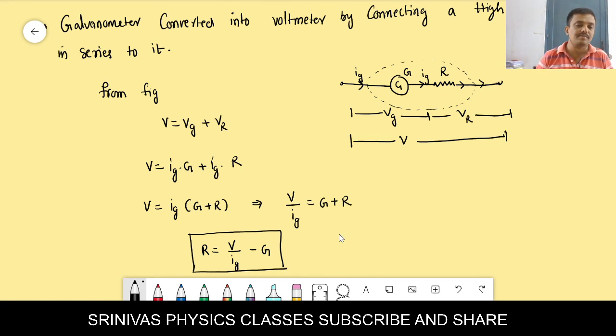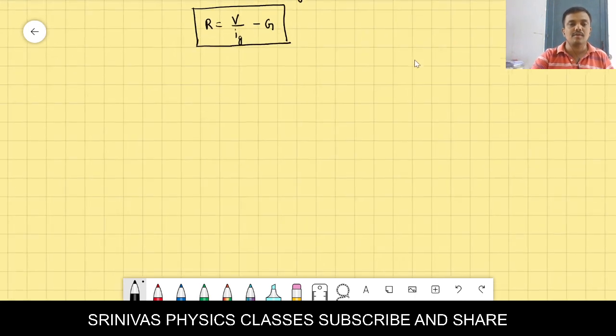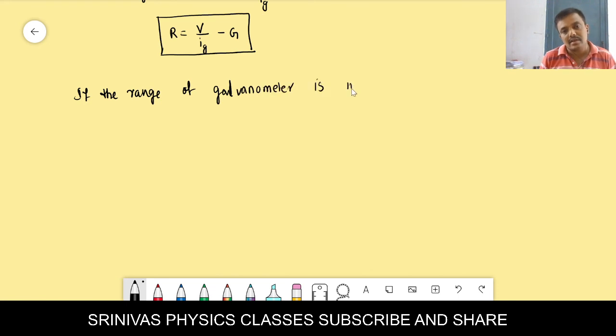into a voltmeter. Let us consider that the range of the galvanometer is increased by n times. Initially it could measure voltage only Vg.